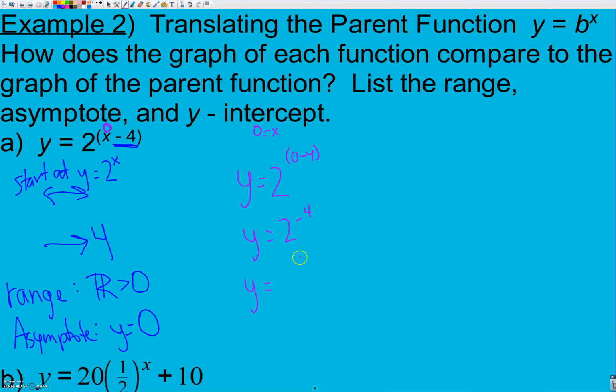Remember, with that negative exponent, it's 1 over, we take it to the denominator because of this negative exponent, and we make that exponent positive in the denominator. So 2 to the 4th power. 2 to the 4th power is 2, 4, 8, 16. So our y-intercept is 1/16, or (0, 1/16).